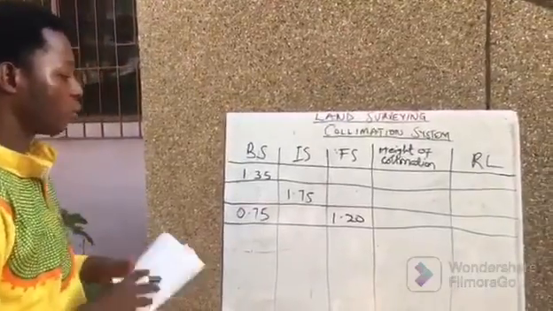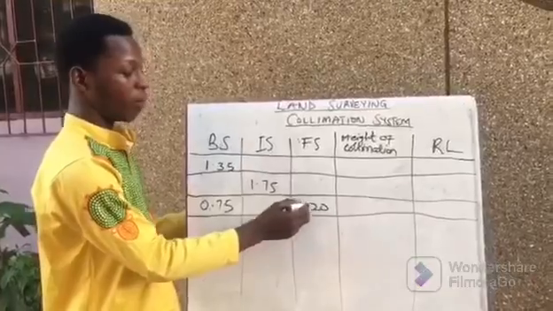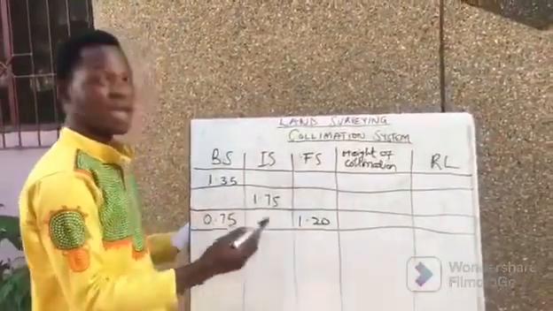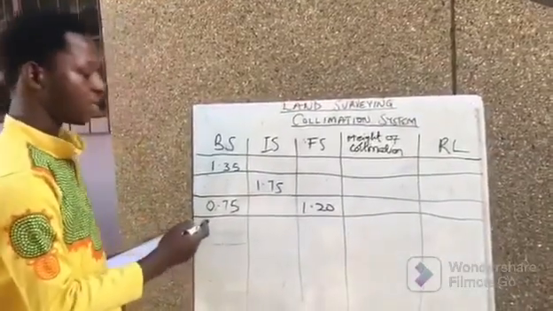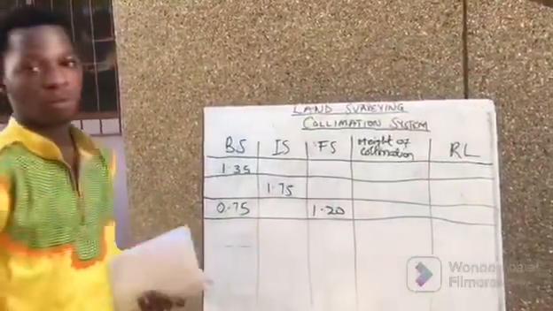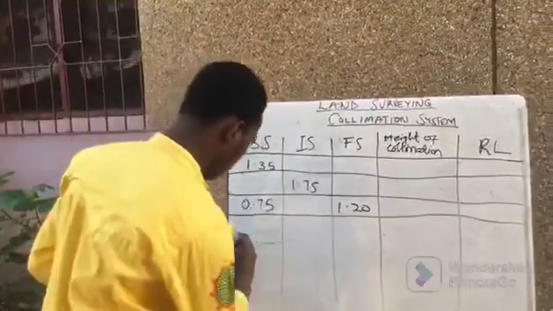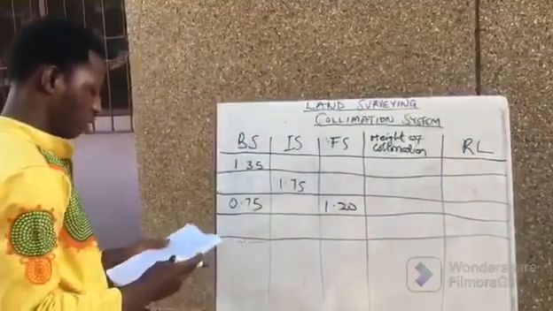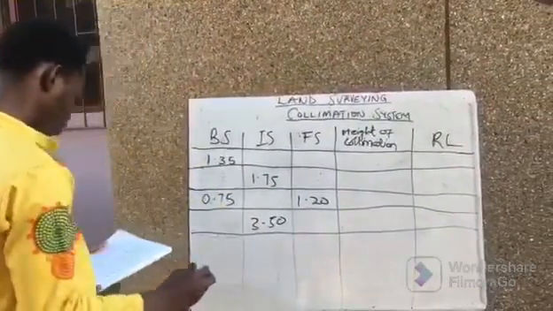Since the instrument was changed after the third reading, that's 1.20, your next reading will be your backside, and that backside is supposed to be on the same line as the 1.20. Our next value was 3.50, which was the intermediate.